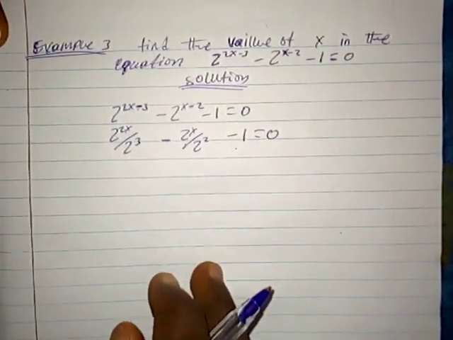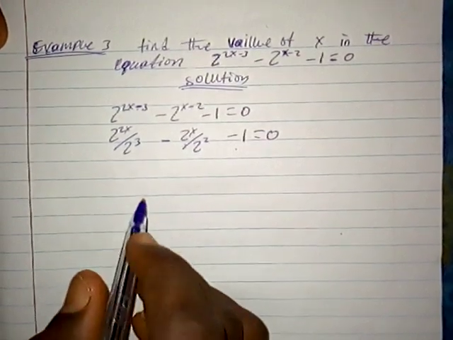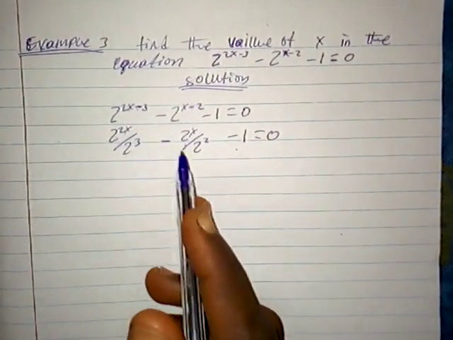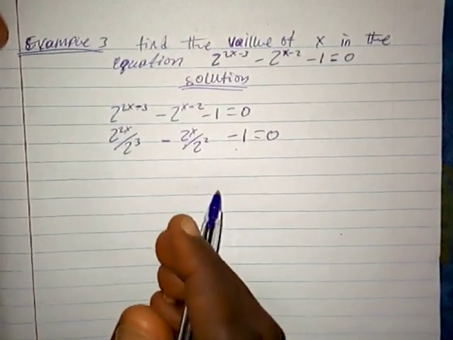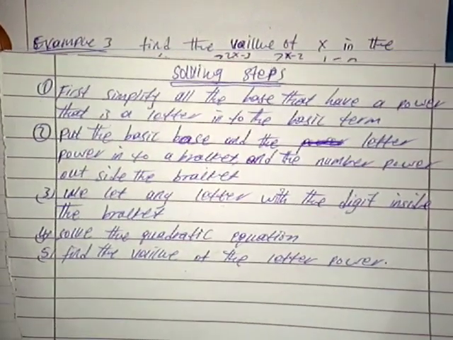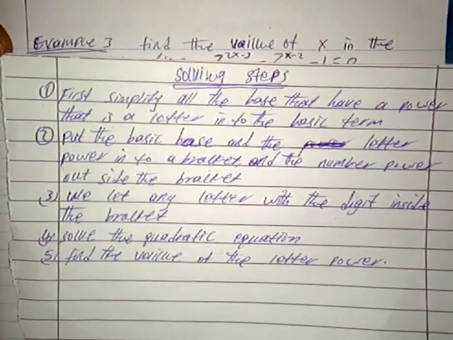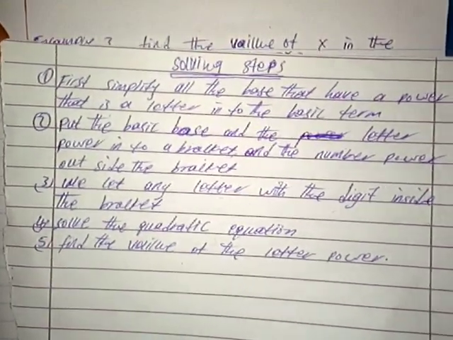Now, what's next? The next step here, of course, all the bases are in the basic terms, so they all get simplified, right? Good. The rule says what? We should put the basic base and the power letter inside a bracket, and the power that is a number outside the bracket.